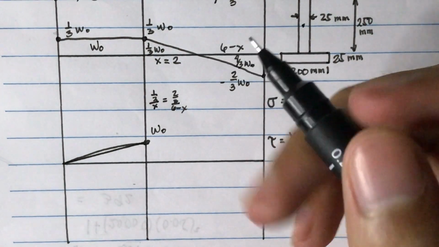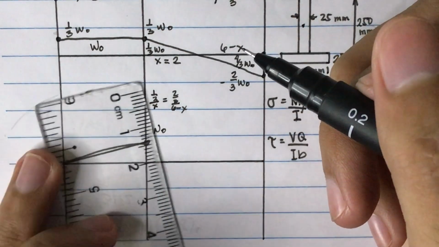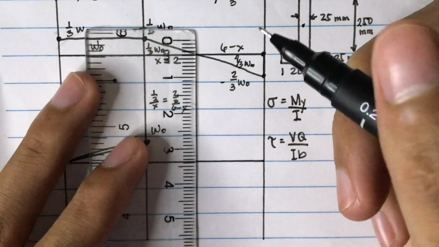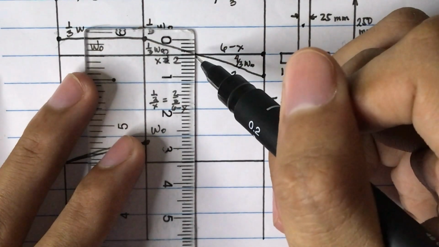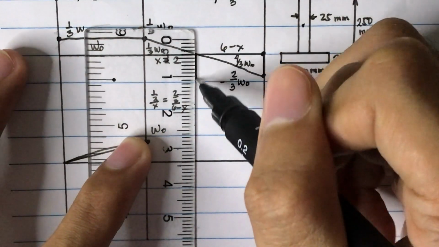Since the shear is 0, we will have a maximum value of the moment.